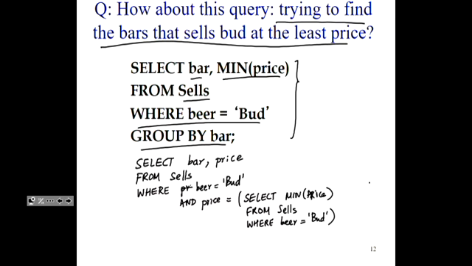Instead of using min price, I can do some of the other constructs that we talked about before the midterm, including all. So you can go and think about how you would do it without using min, but using all, or some other such operator.